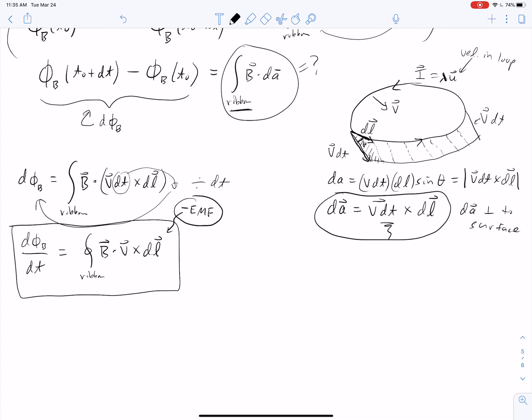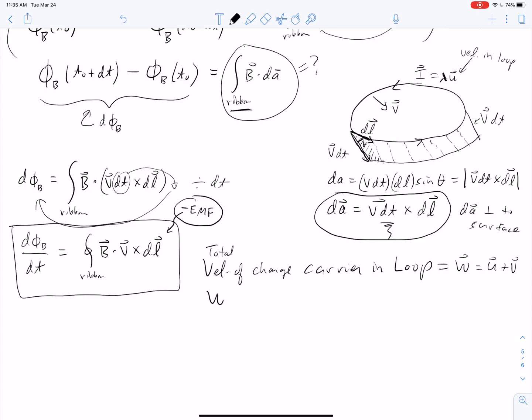And so a charge carrier in the loop, which is carrying some current I, the total velocity of the charge carrier in the loop is equal to, I'll call it now, w, equals u plus v.